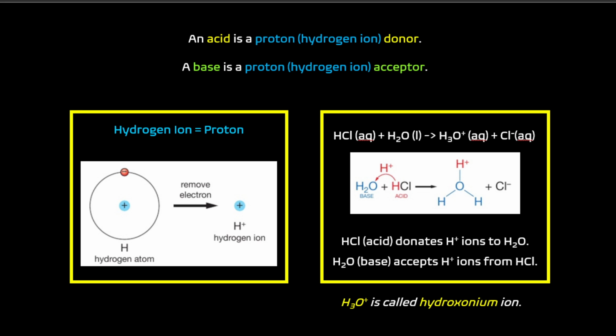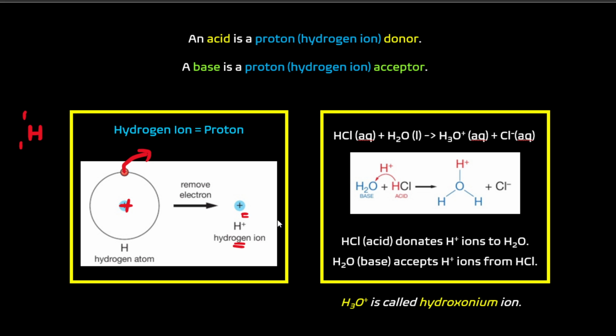If you know your periodic table, hydrogen is 1H1, meaning it has one proton and one electron, and an ion is formed when an atom loses electrons. So when a hydrogen atom loses the electron, it's only left with the proton. That is why a hydrogen ion is also called a proton.